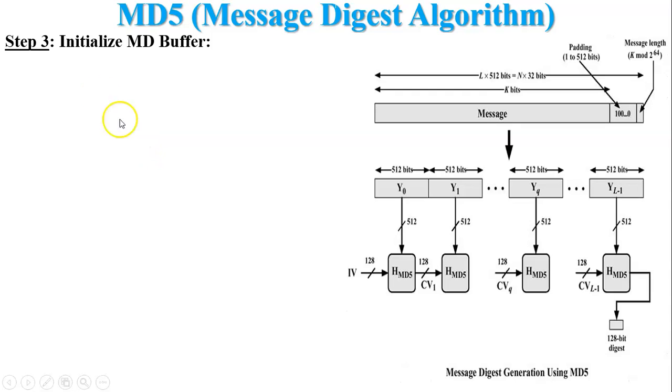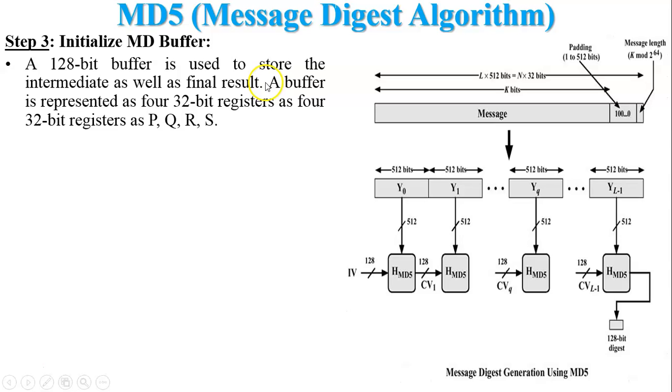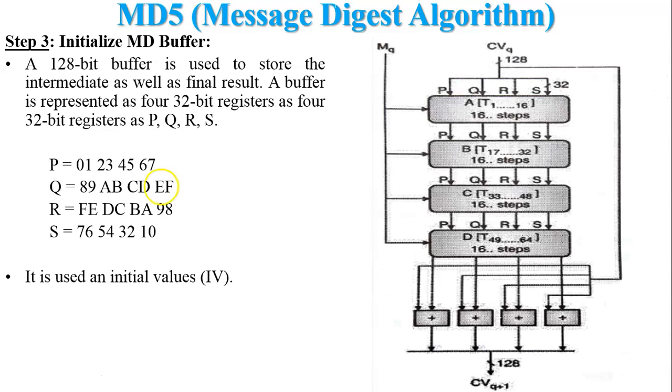Step number 3, initialize the MD buffer. A 128-bit buffer is used to store the intermediate as well as the final result. This is the initialization vector, our initialized message digest buffer. The buffer is represented as four 32-bit registers, P, Q, R, S. Some default values are already added in PQRS, used as the initial values for the first process.